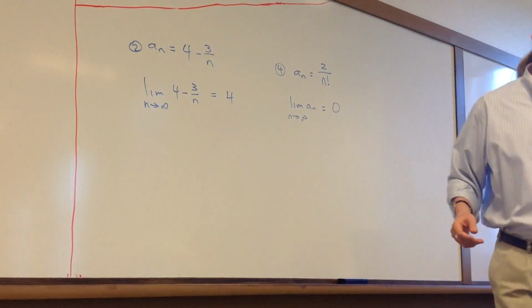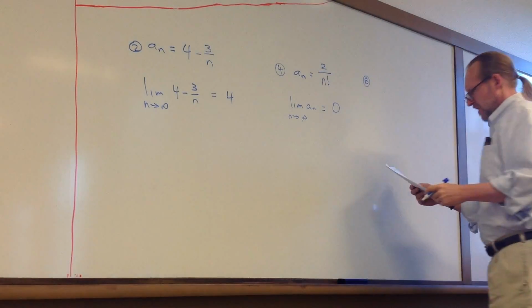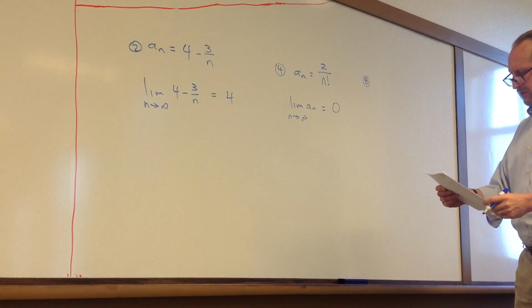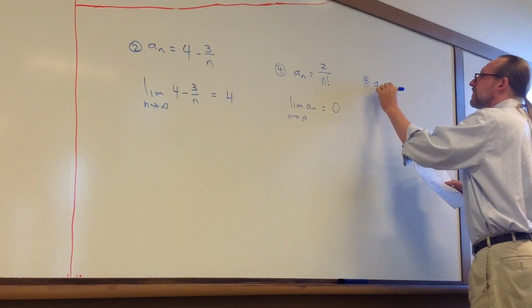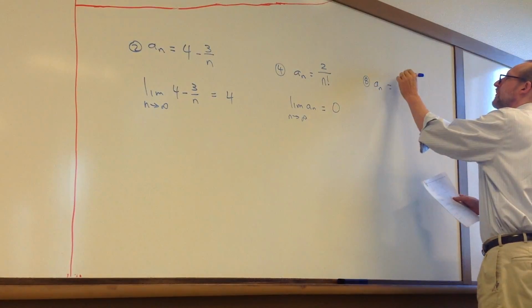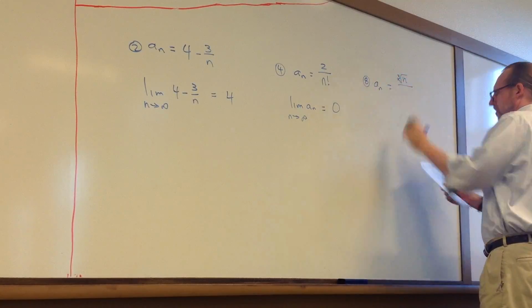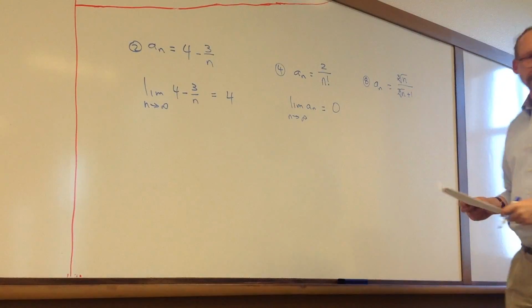Let's see here. Let's look at problem 8. Problem 6 was actually on that quiz from the last section. Let's see, problem 8, we've got a sub n is cube root n over cube root n plus 1.